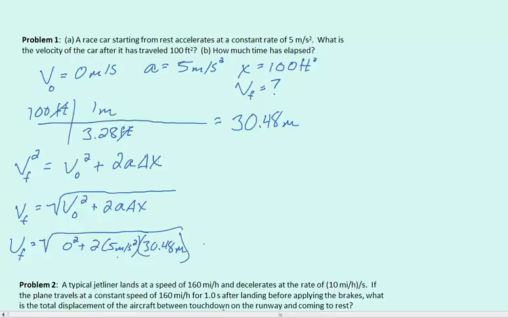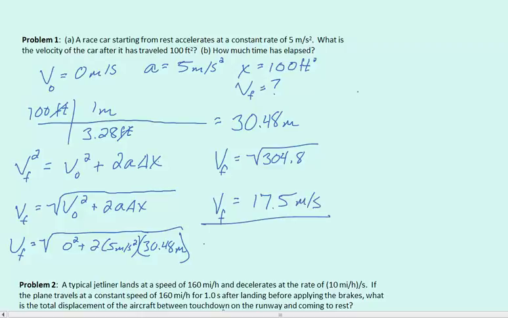When we multiply this out, we'll see that our final velocity is equal to the square root of 304.8, and when we take the square root of this value, our final velocity will be equal to 17.5 meters per second.